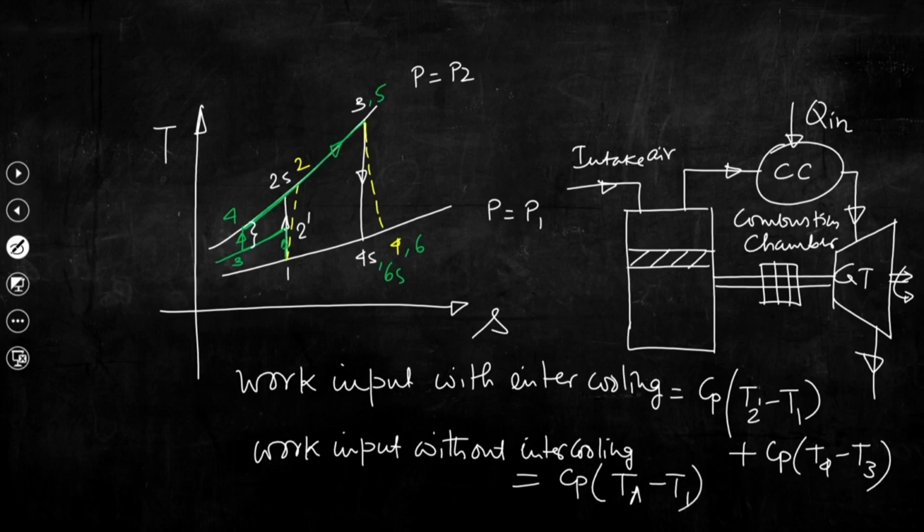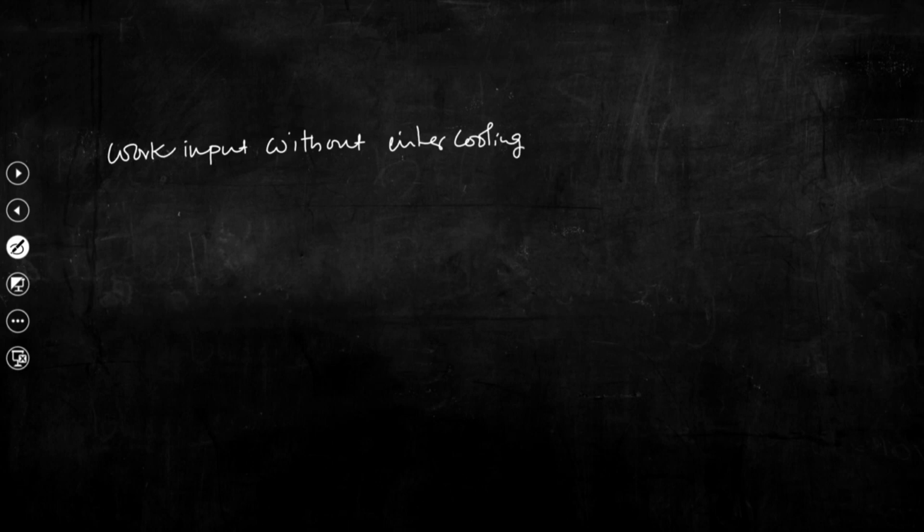Now I am giving a name, this is A. So, Ta minus T1. What we can do next? We can write that work input without intercooling equal to Cp into Ta minus T1.